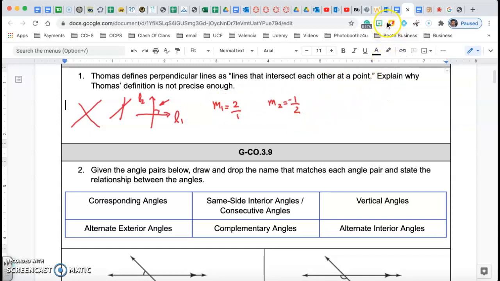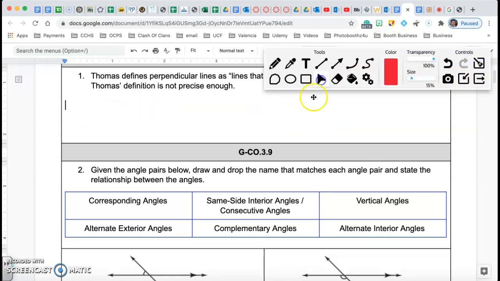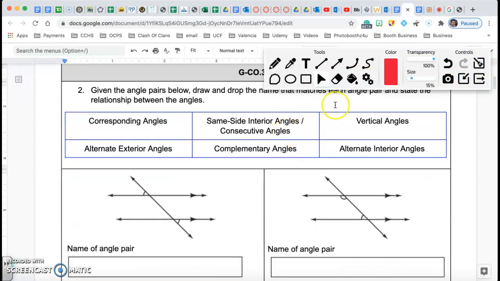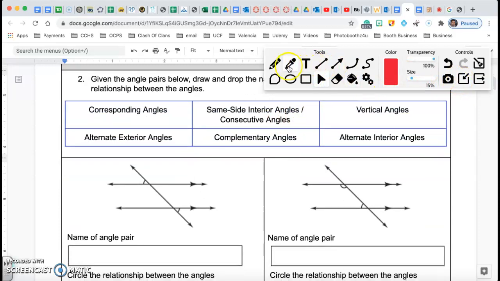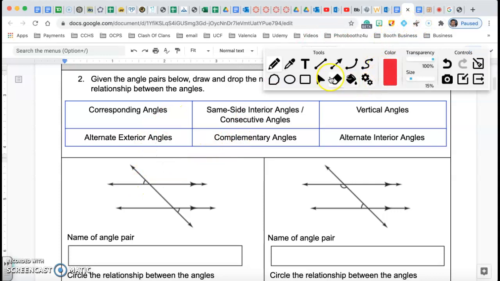Next question. Question number 2. Given the angle pairs below, drag and drop the name that matches each angle pair and state the relationship between the angles. Let's scroll down a little bit more and see what the whole thing is about.